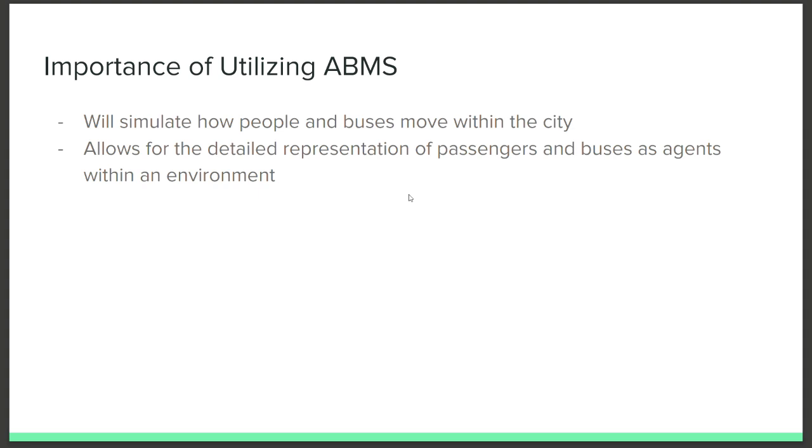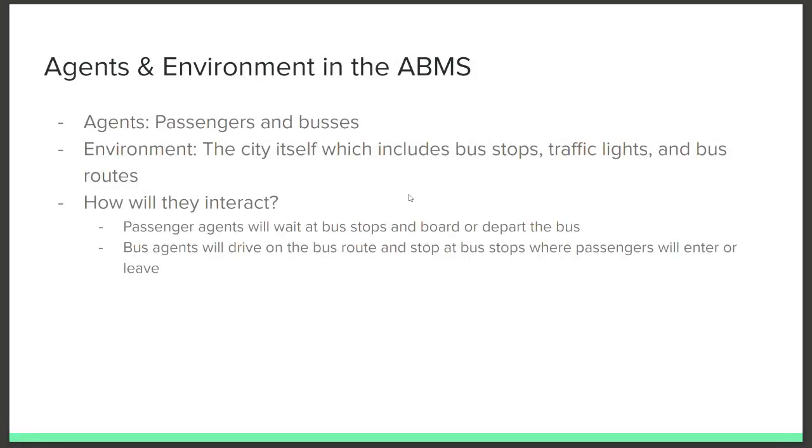This representation allows us to experiment with various scenarios and optimize bus routes with accuracy. In our model, the agents are the passengers and the environment is the city itself, complete with bus stops, traffic lights, and roads. Passengers wait at bus stops and board or depart buses, which follow optimized routes based on our algorithms.